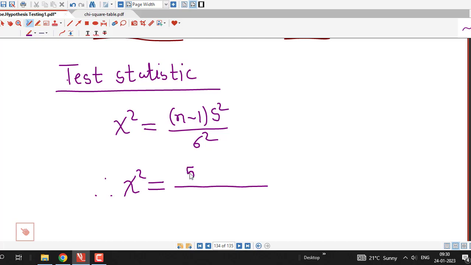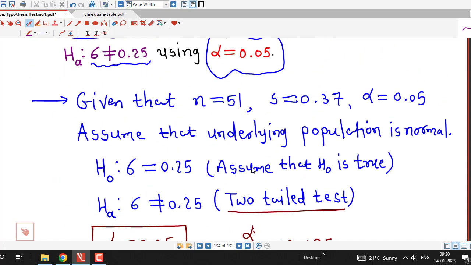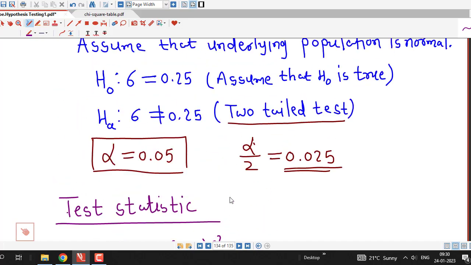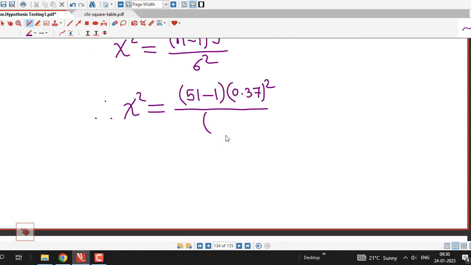Value of n is 51, so here I have 51 minus 1. Sample standard deviation is 0.37, and here we have to square that quantity. This is sample variance divided by square of population standard deviation. We assume that null hypothesis is true, therefore we can consider sigma equal to 0.25.